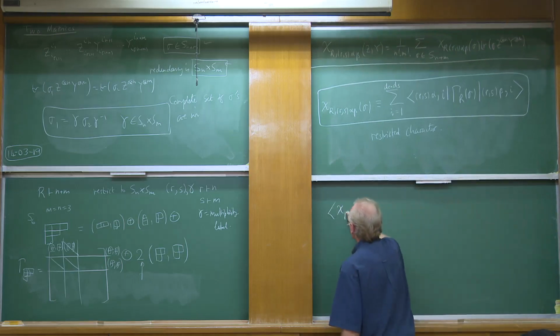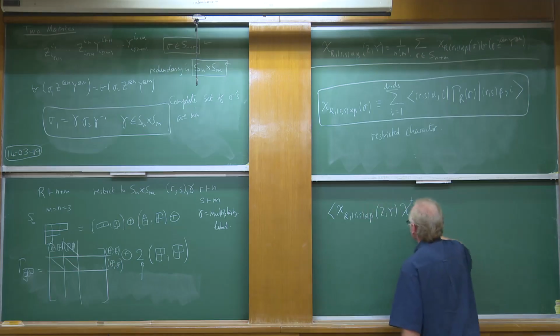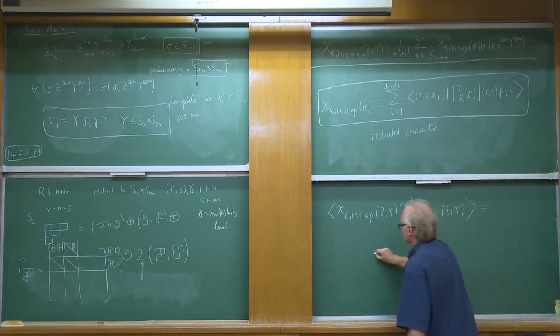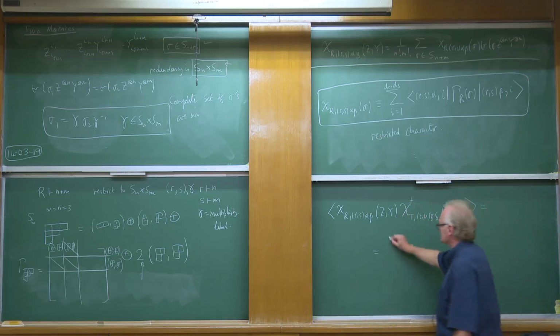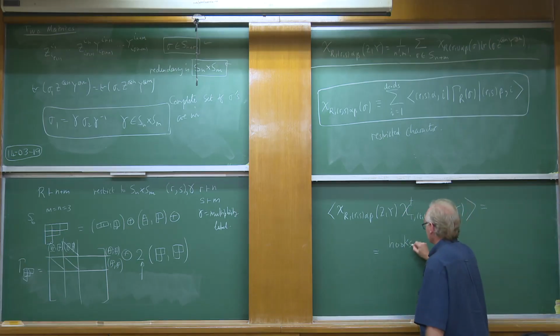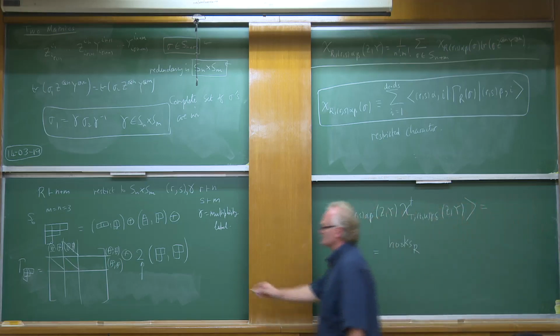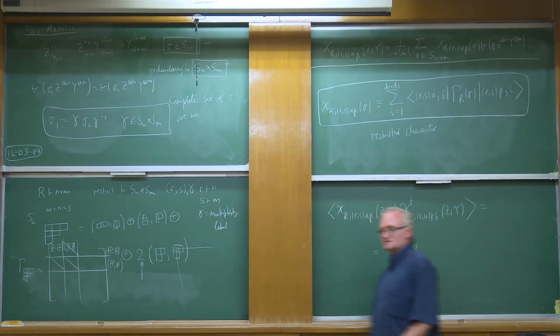If you take chi R,(r,s),alpha,beta of Z and Y, and you take chi dagger T,(t,u),gamma,delta of Z comma Y, then this is equal to the product of the hook lengths for R. If you remember, go in at the bottom, out at the side, each box gets a number, which is the number of boxes you go through.